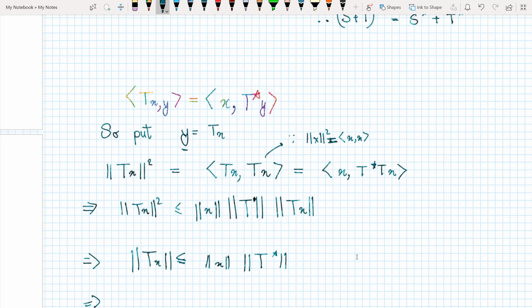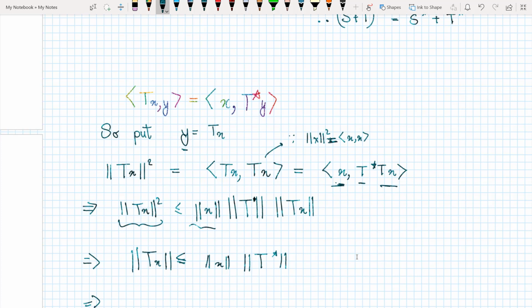I just took T to the other side. Now this is less than or equal to the norm of x times the norm of T star Tx, and I split that into the norm of T star and the norm of Tx. I just split it into three parts.